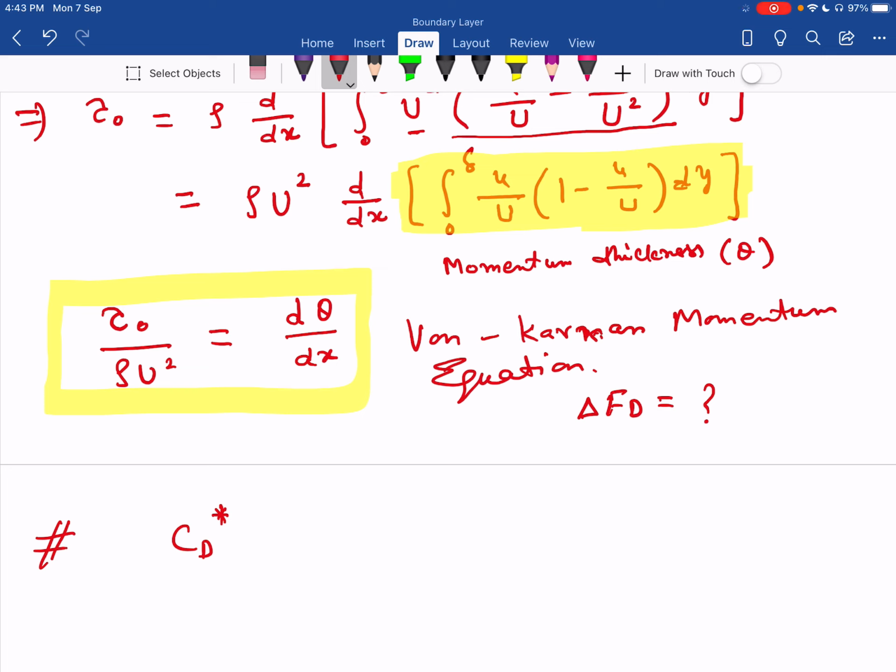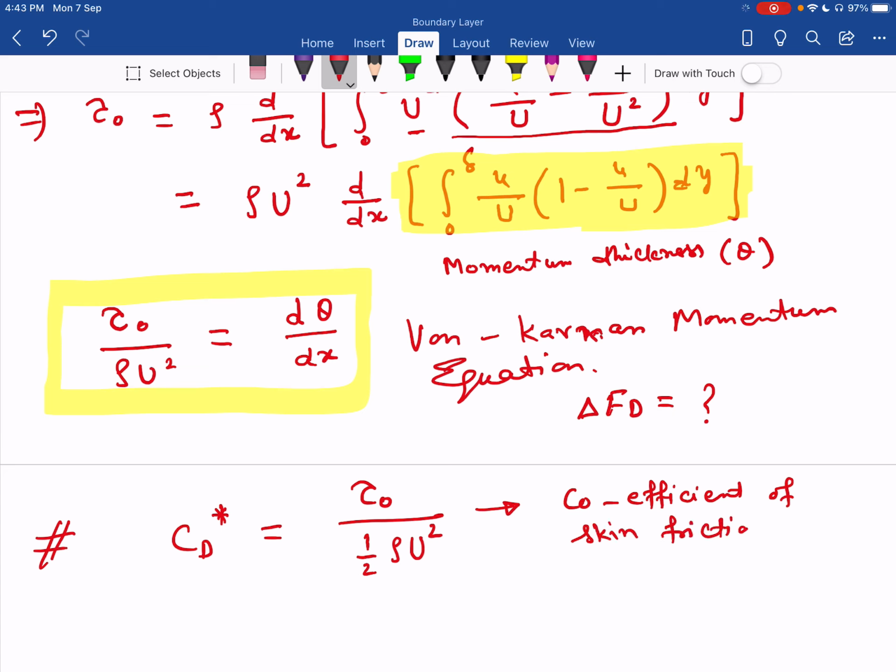This CD star is equal to tau O divided by one half rho U square. This CD star is called the coefficient of skin friction.